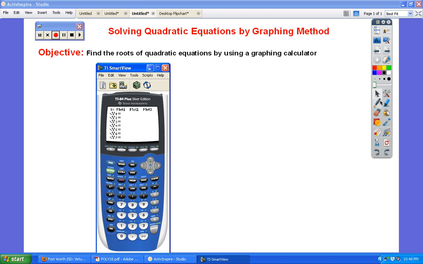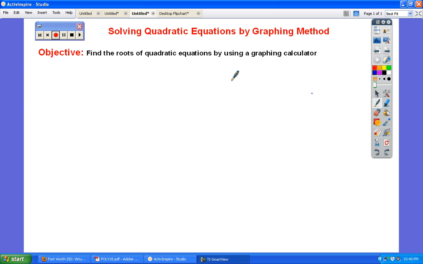For example, if I have y equals x to the second power minus x minus 12.